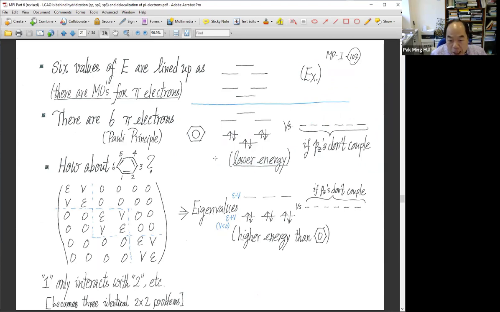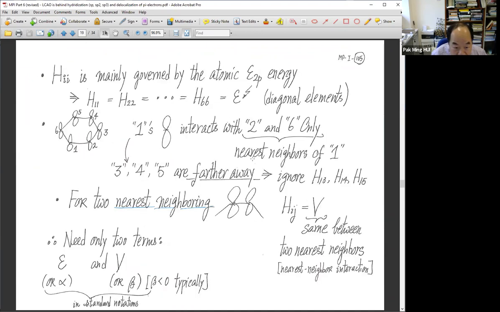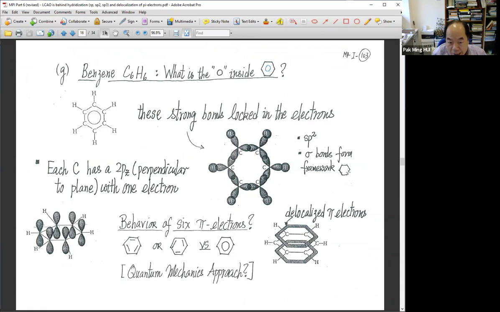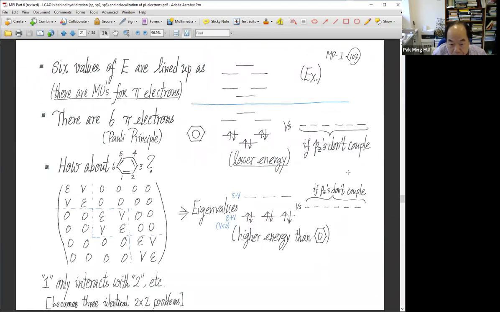The full story has to go back to solve for the coefficients, C1 to C6, for each of these states. For example, what is this state? I tell you the answer: C1 equals C2 equals C3 equals C4 equals C5 equals C6. That is the lowest linear combination.